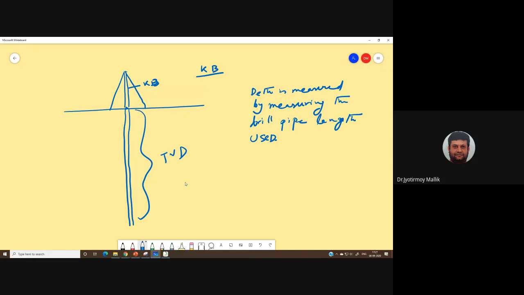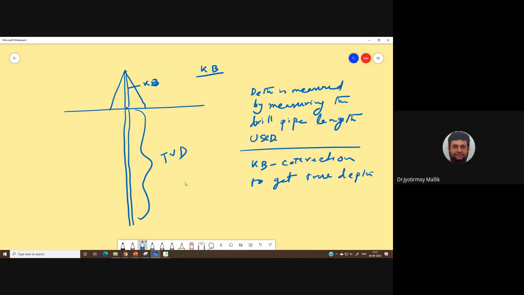Generally, you will see that the true vertical depth is expressed from your Kelly bush. So what you have to do is a Kelly bush correction, KB correction, to get your true depth.